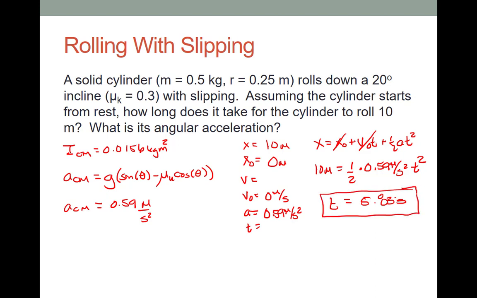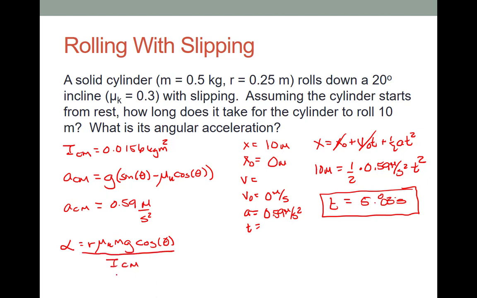The other part of this problem wants to know, what is the angular acceleration? The angular acceleration, alpha, is the radius of the cylinder times the coefficient of friction times mg cosine of theta divided by the moment of inertia about the center of mass.